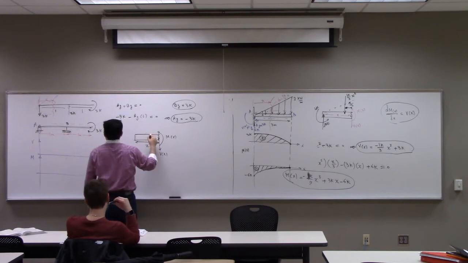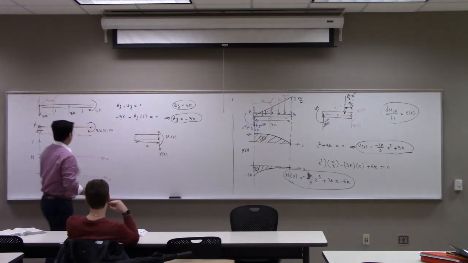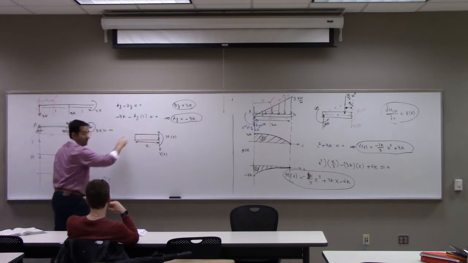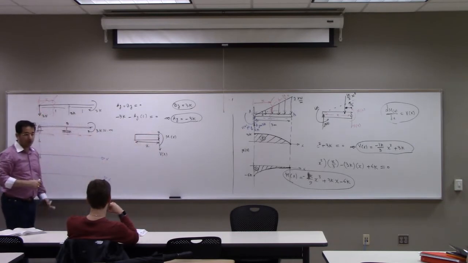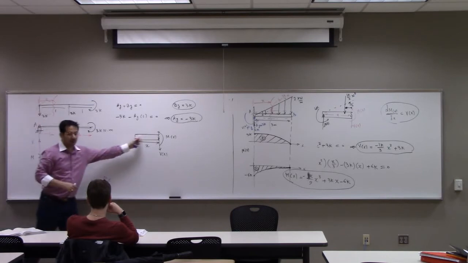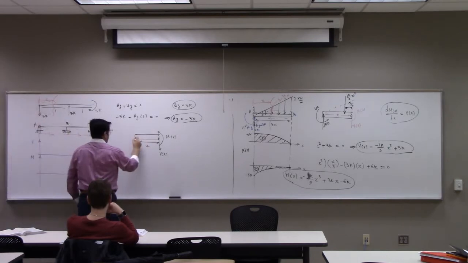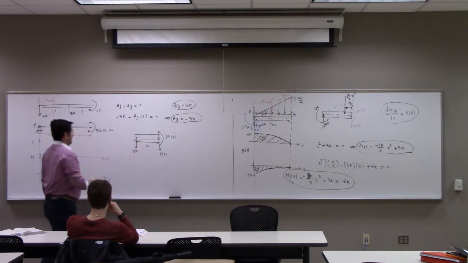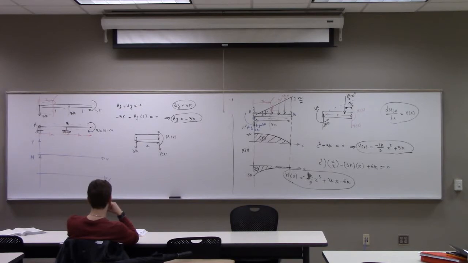And unlike the previous example, we don't have a distributed load, so there is nothing up here. If we had a distributed load, all you do is simply add it to the FBD. And then 3K this way. That's a complete FBD for my system.